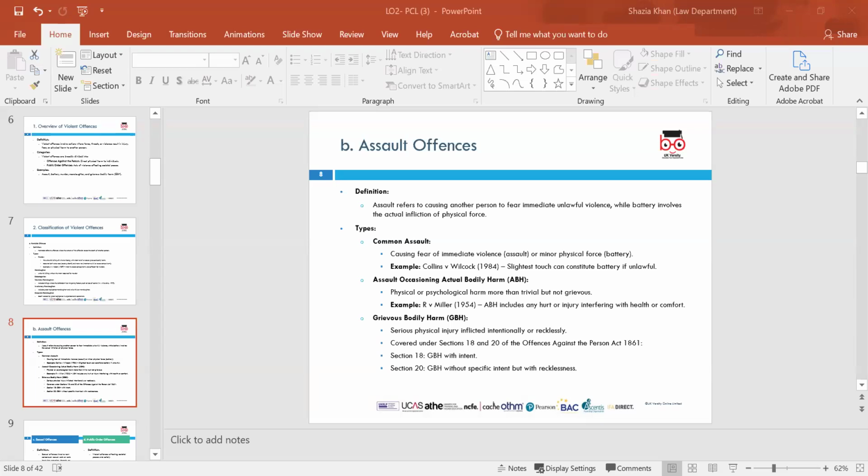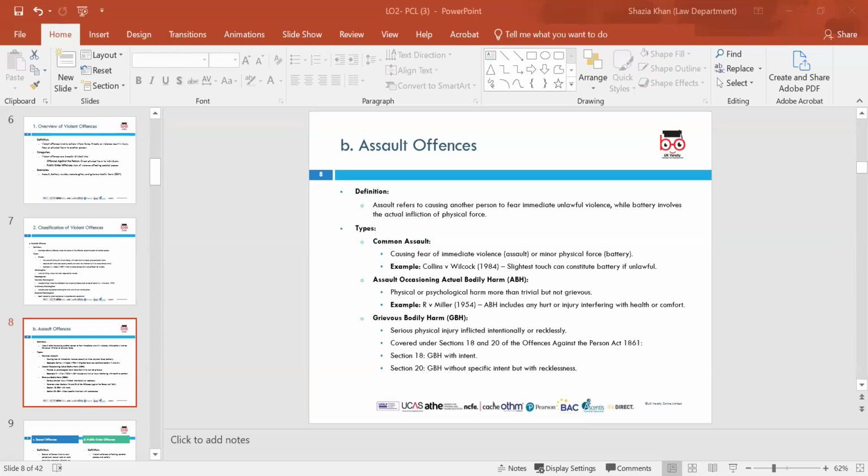Offences of assault fall within the Offences Against the Person Act 1861, the Criminal Justice Act 1988, and the Crime and Disorder Act 1998. There are three basic types of assault: common assault, actual bodily harm, and grievous bodily harm.